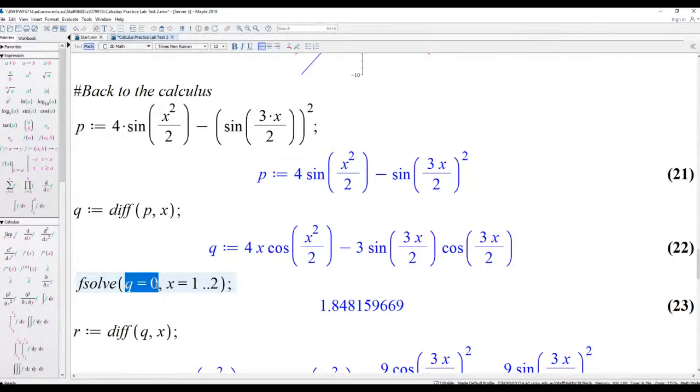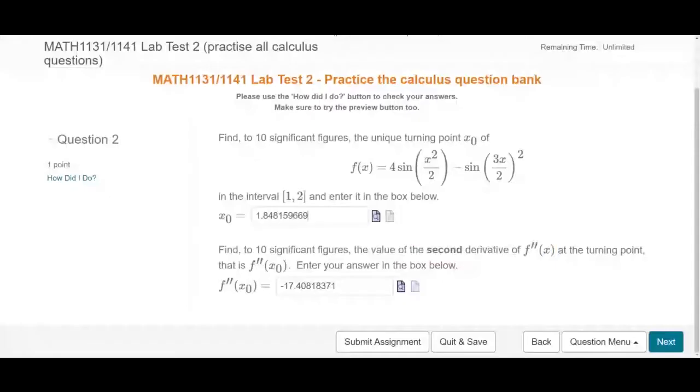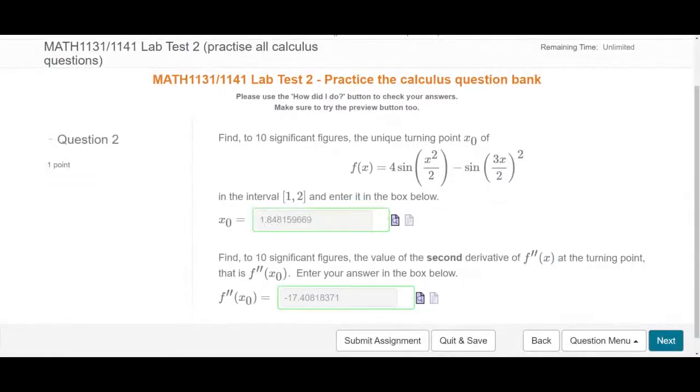I'm finding where the derivative is 0 for the x values between 1 and 2, because that's the interval that the question tells us to focus on, right? So I do that, I get this value, and then I input that into my Maple window. So let me just go there and I'll show you. So there it is. Okay, so how did I do?